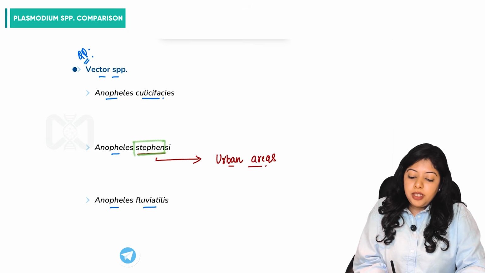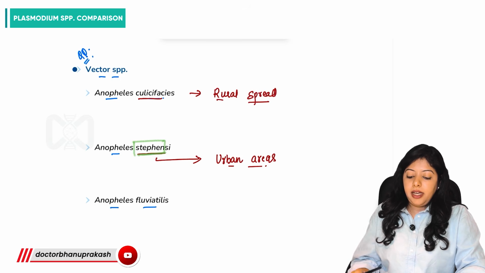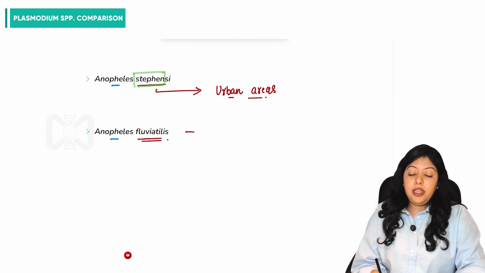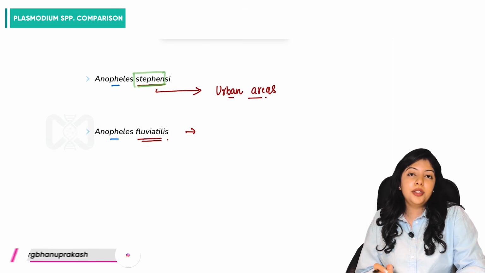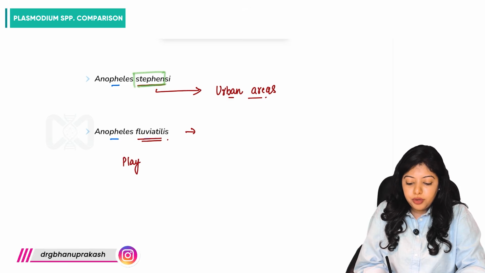Then culicifacies, this you'll have to remember, is associated with rural spread of infection. And fluviatilis. Now we see a lot of people enjoying flute in the mountains, right? So play flute in mountains.